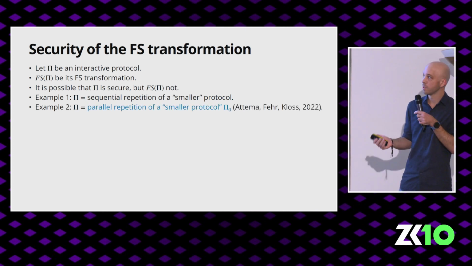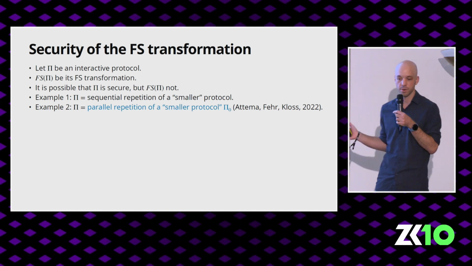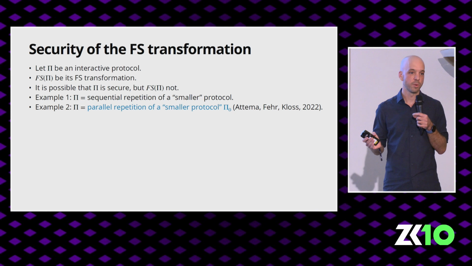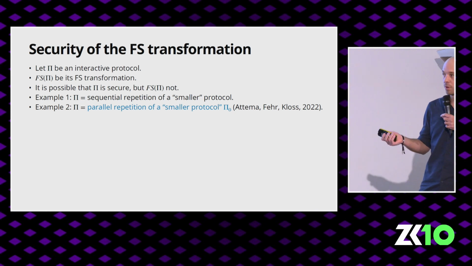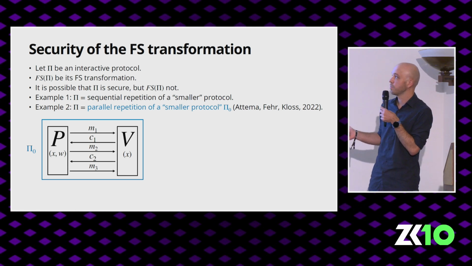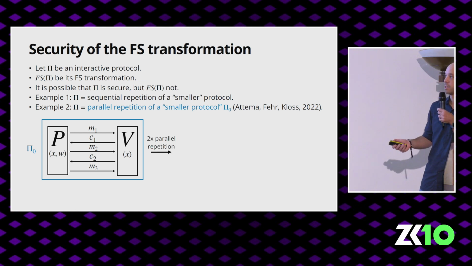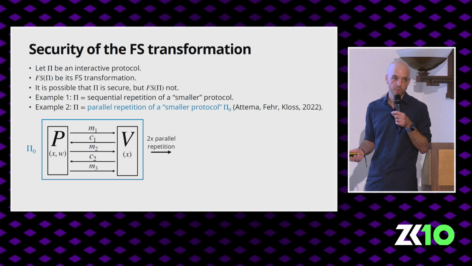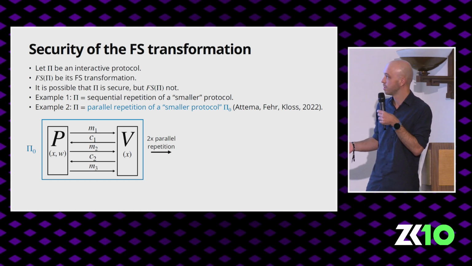There's another example which is less well known and was described very recently, last year, which is the parallel repetition of a smaller protocol. I will focus on this example because it's less well known. So what do I mean by parallel repetition? Let's assume we have a small protocol, Pi0, which has 64 bits of security or 32 bits of security.